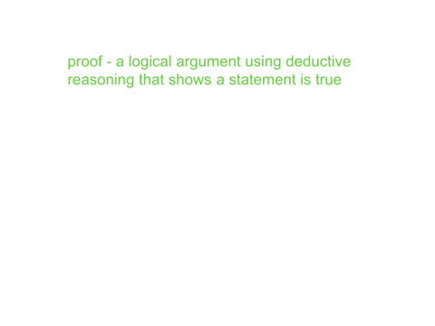A proof is a logical argument using deductive reasoning that shows a statement is true. Now, you remember from our discussion about deductive versus inductive reasoning, we are not going to use things like opinion. We are not going to use things like feeling, I feel this is true.